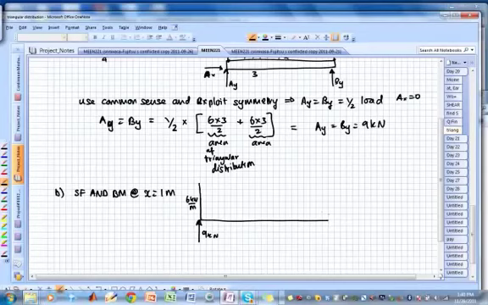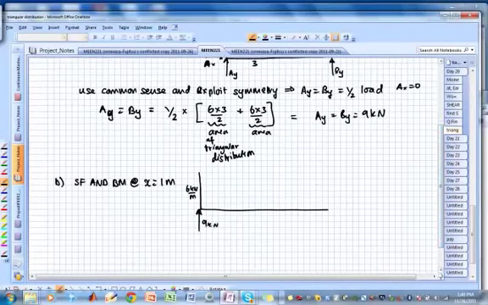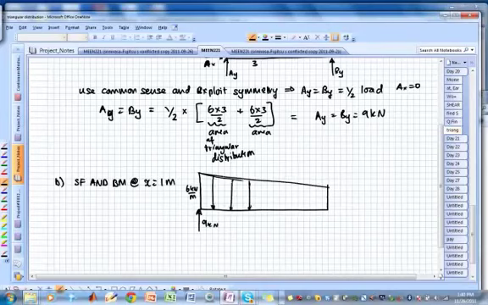What will it end up as? In 1 meter, how much will it drop? Notice it will drop by 2 because the slope is 2:1. So this one will be 1, 2, 3, 4. So it will be 4. And it's a straight line like this. So the distributed load looks like that.